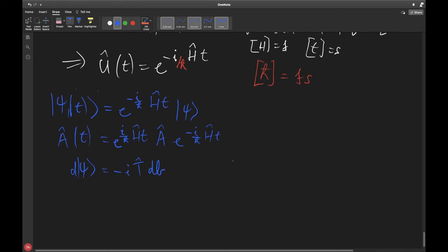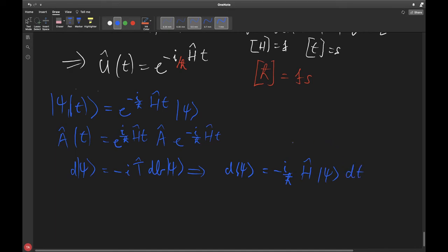So this will now become that d psi is the same as minus i over h bar now of the Hamiltonian operator, and oh yeah, there was this psi here as well, the psi state itself, and we had the dt here.